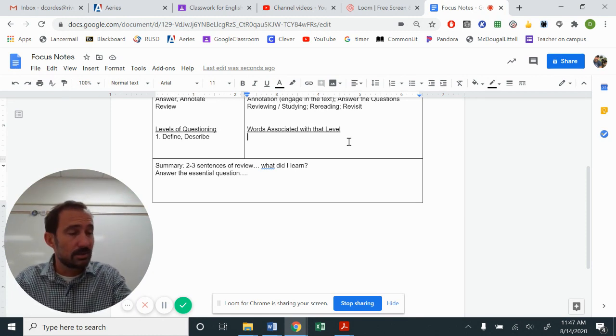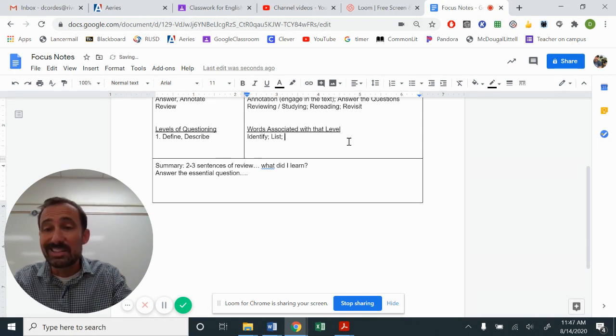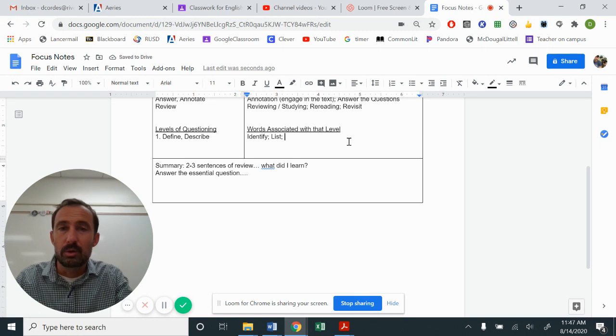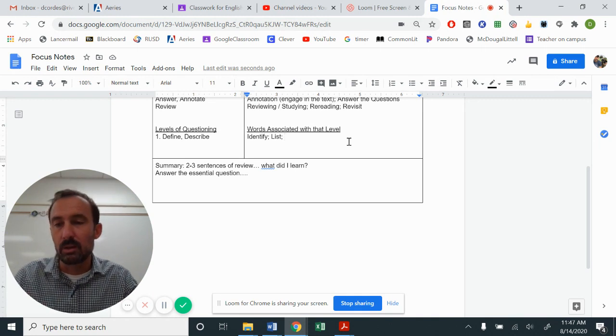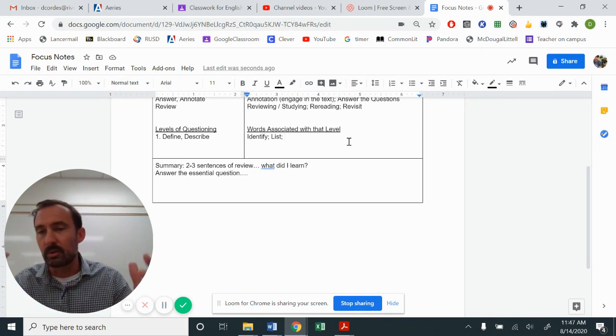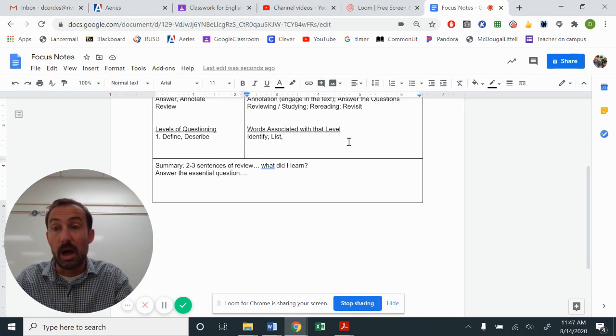So in other words, this is where you would identify, maybe get a list together. Who are the characters, right? Define the characters. Who is in charge of the hotel, or who's in charge of the restaurant, whatever story we're reading, and what are the action items, right? The plot points. You're listing those plot points.